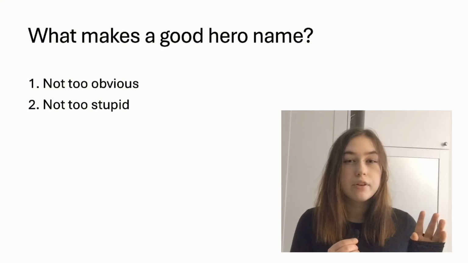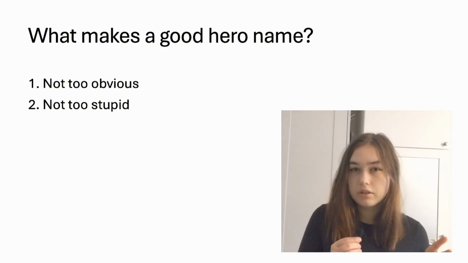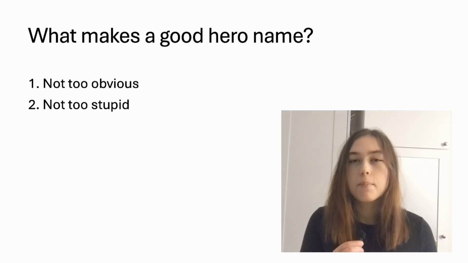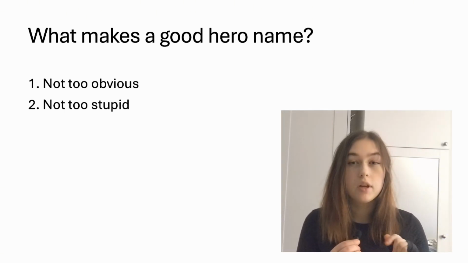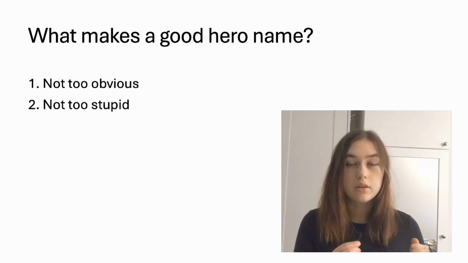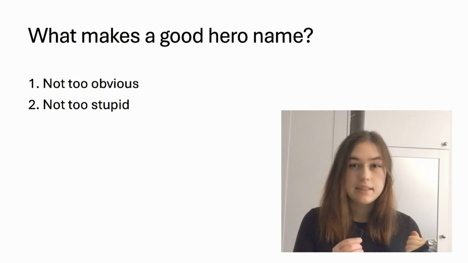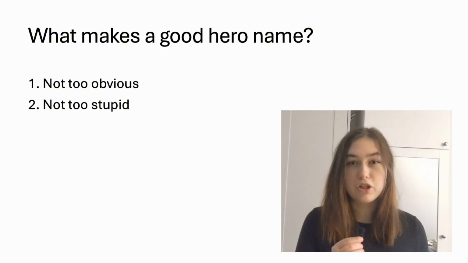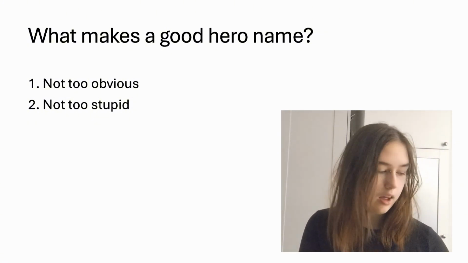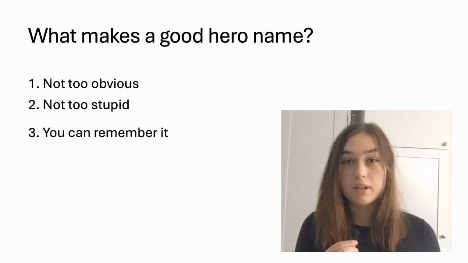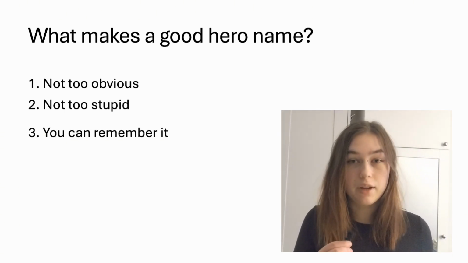And then we have an optional, not really optional, but it's an important rule, though it doesn't have to be mandated for every superhero, especially if they're underrated. It's if you can remember their superhero name.